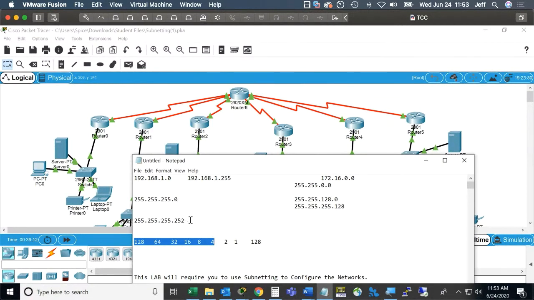And so our network 1 would be 192.168.1.0 to 192.168.1.3.